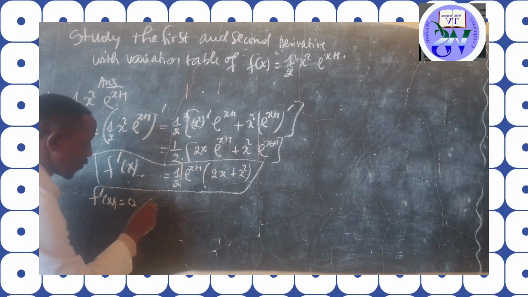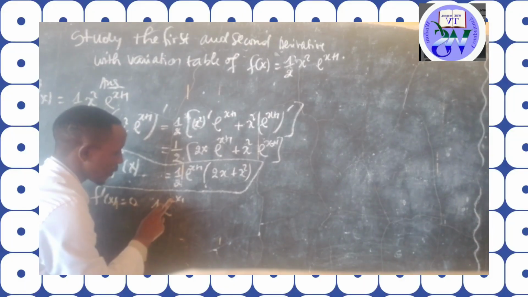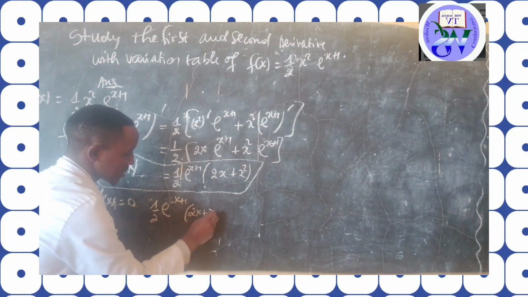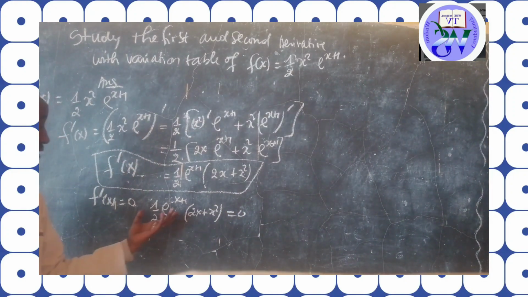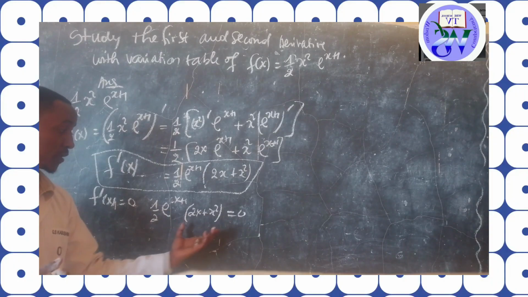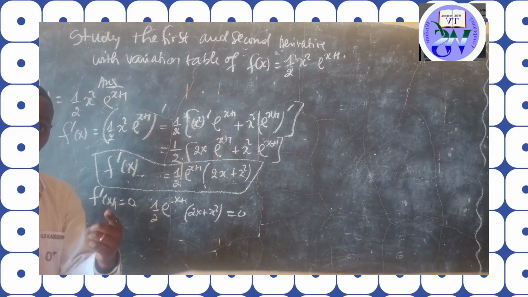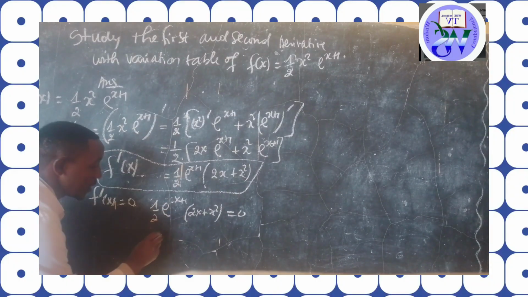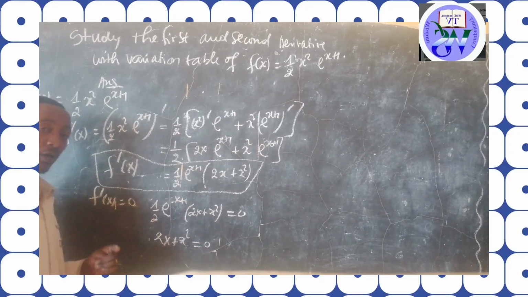Then 1 over 2 e power x plus 1 times 2x plus x squared must equal 0. The term e power x plus 1 is different from 0, it can't be 0. So then 2x plus x squared is equal to 0.